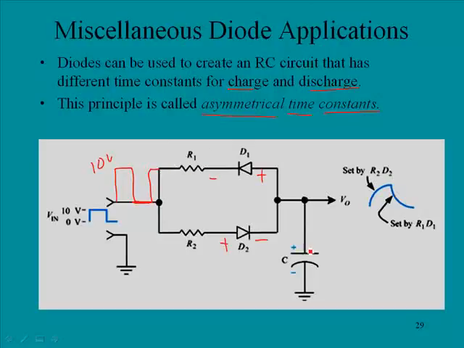Now we are experiencing the discharge time constant set up by C and the current that will flow through R1. So then we could have a very different curve as a result of that discharge constant. So this is another example of the use of diodes. In this case, we're creating an asymmetrical time constant.